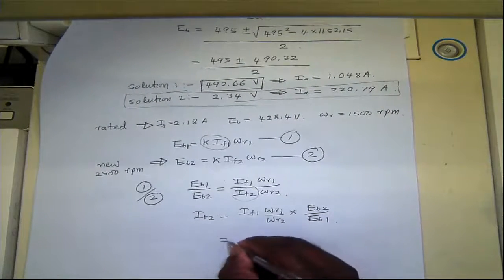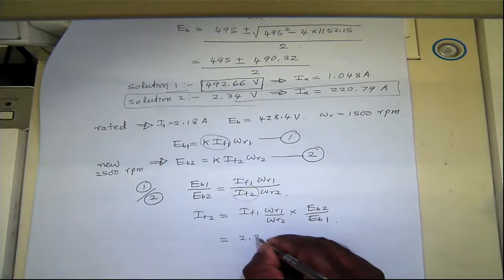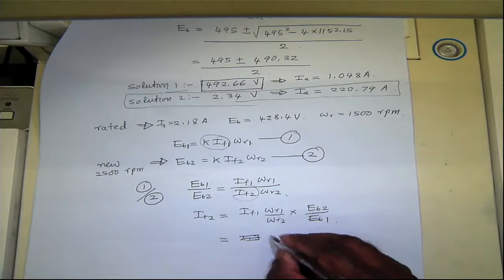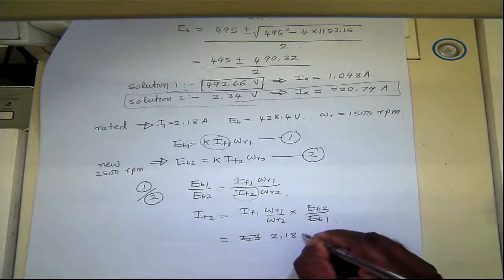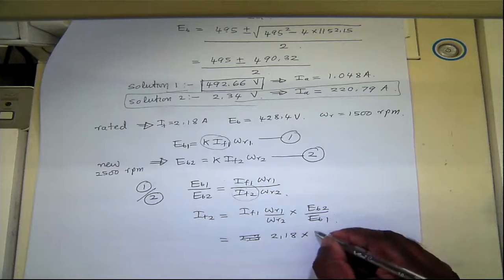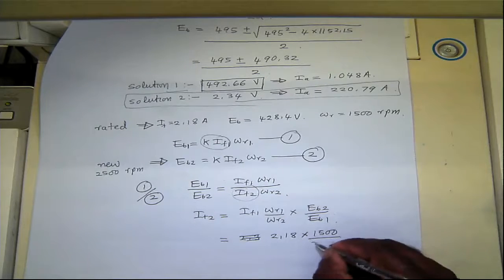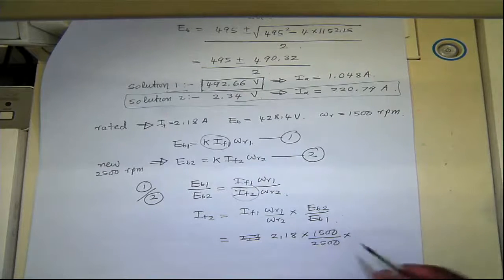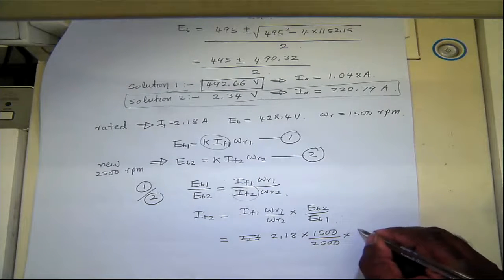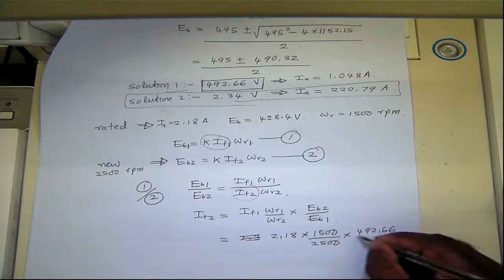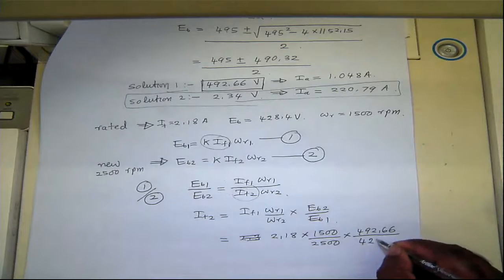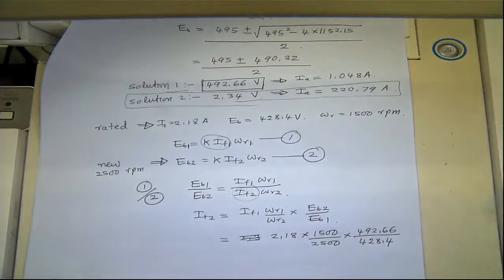So this is 2.18 for the old field current, the old speed was 1500, and the new speed is 2500. And EB2, that's 492.66. The old back EMF is 428.4.